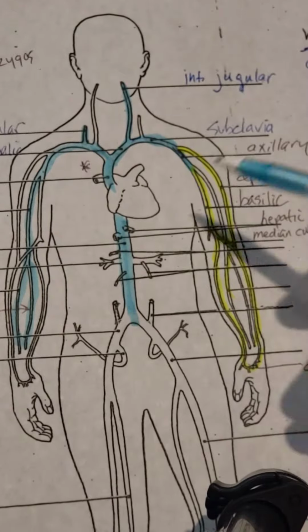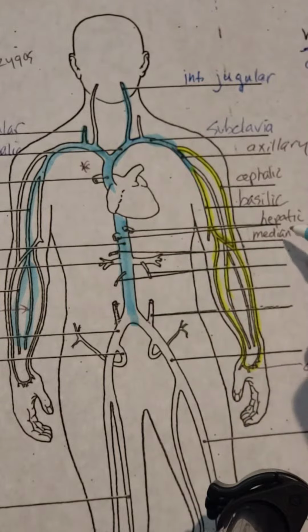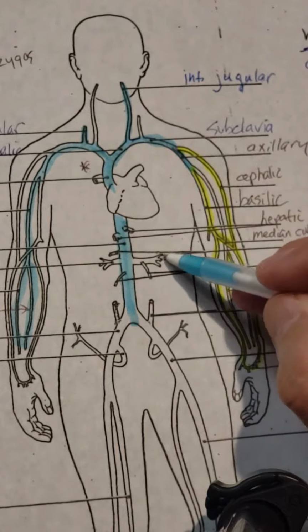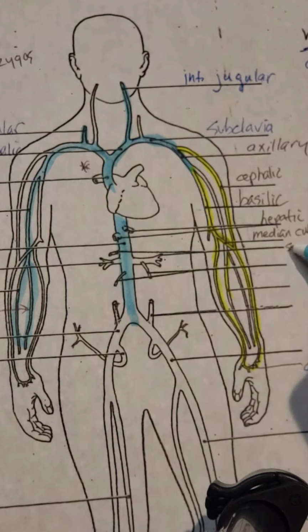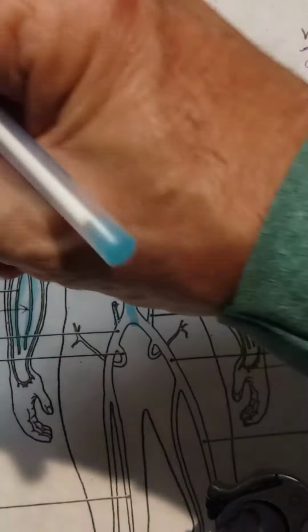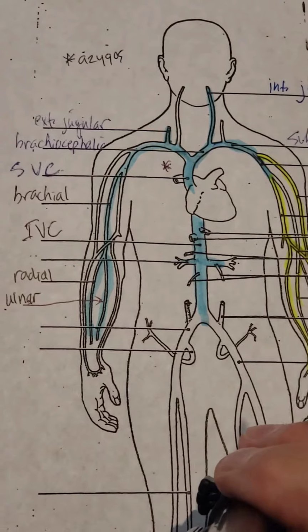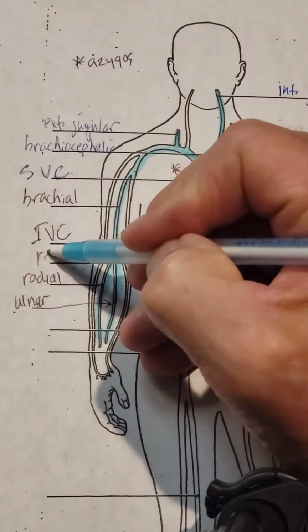Your version may or may not have this vessel showing right there. If it does show, these are just branches coming off of the suprarenal veins, and the main branch right here, these two, which are draining blood from our kidneys, would be our renal veins.